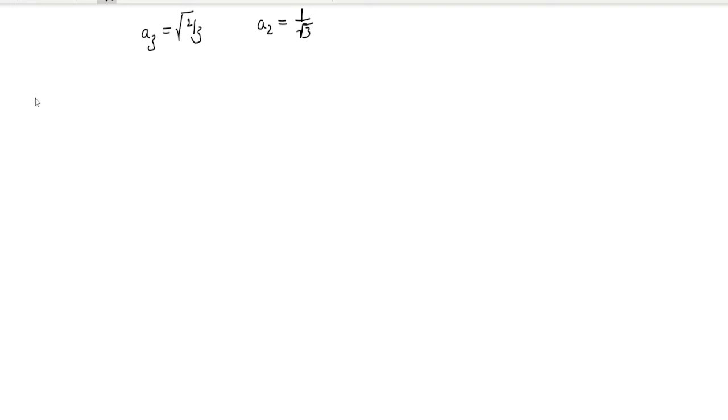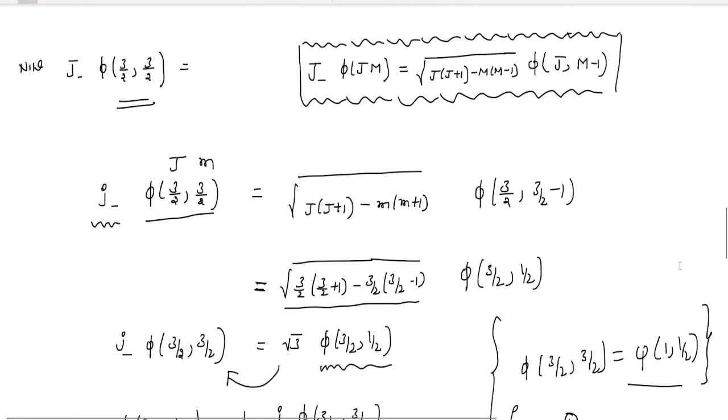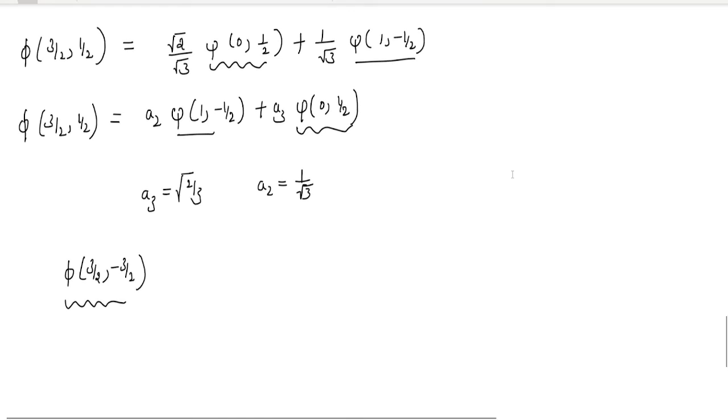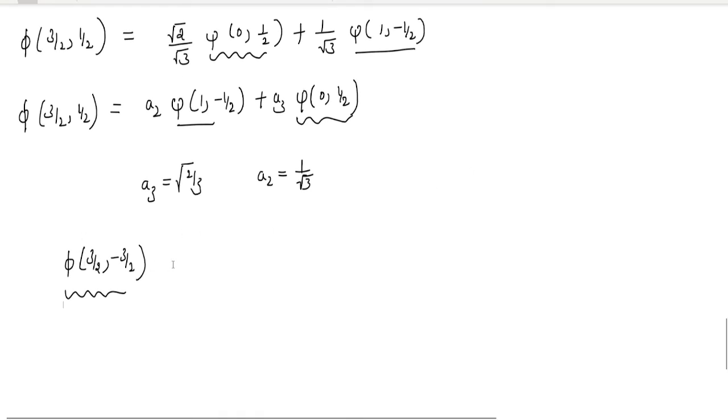So for that, I'm going to take wave function psi 3 divided by 2 comma minus 3 divided by 2. I want A4 and A5. Here psi 3 divided by 2 minus 1 divided by 2 is there. Here I am taking 3 divided by 2 minus 3 divided by 2.